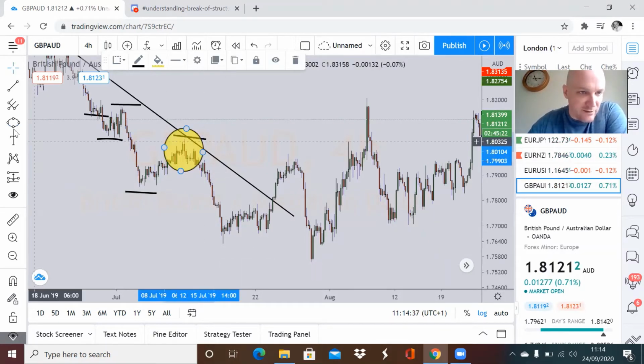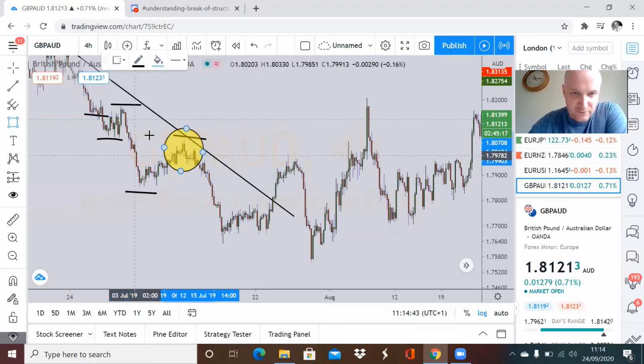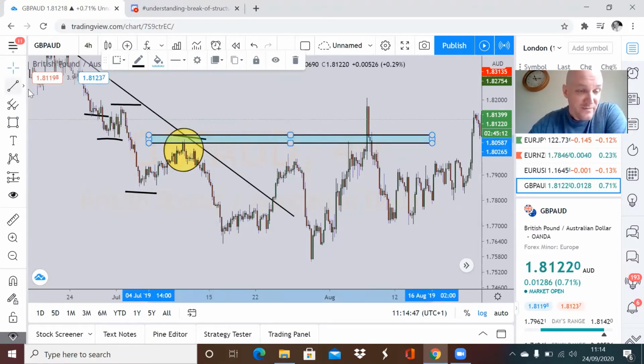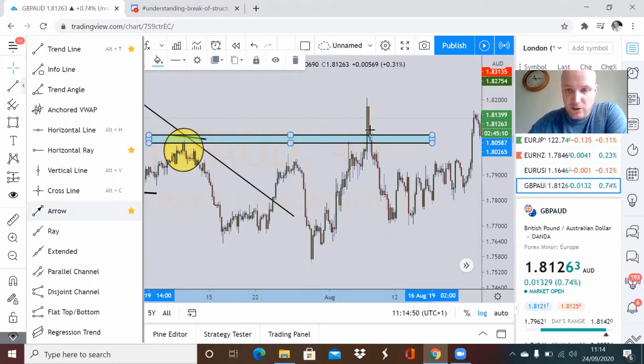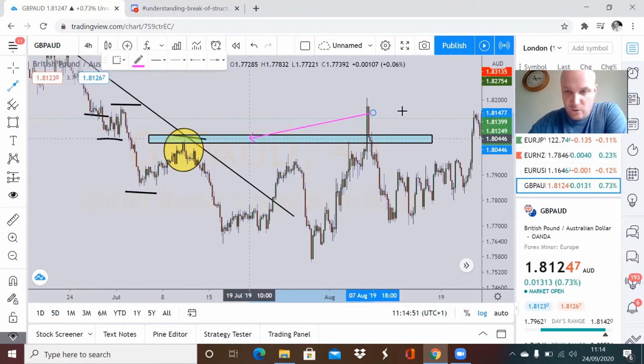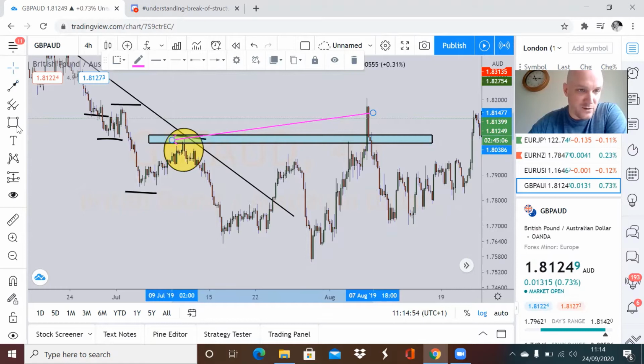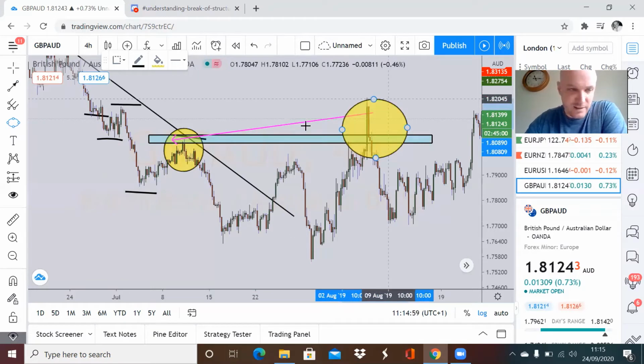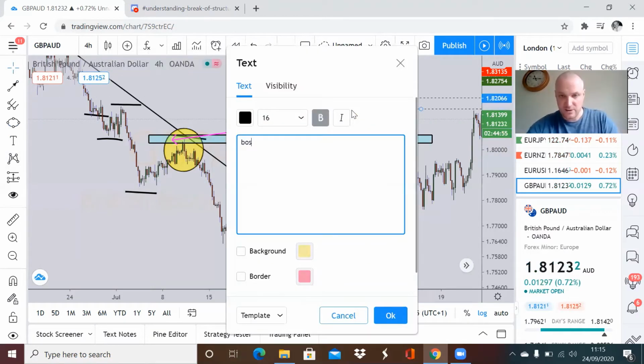Once we get a clearance from here, we know we have broken structure, and we have simply got that from this candle here, okay, so we have clearly got a breaker structure, okay, so this here is your BOS, your break of structure, okay.